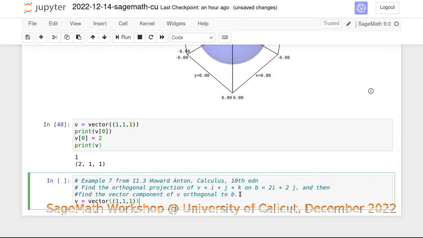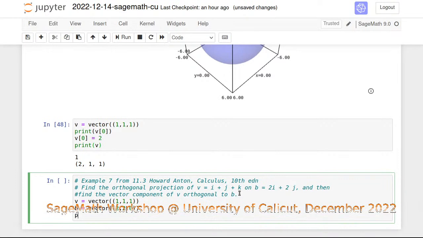We need to define it as a tuple. Now B equal to 2, 2, 0. Let's try to plot it.